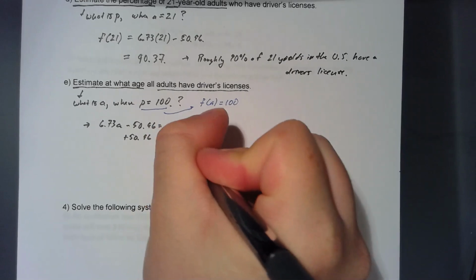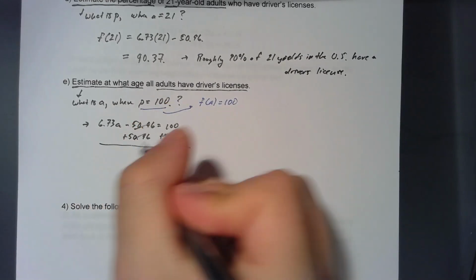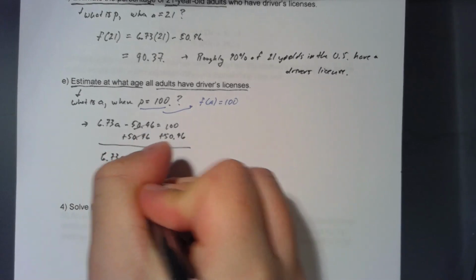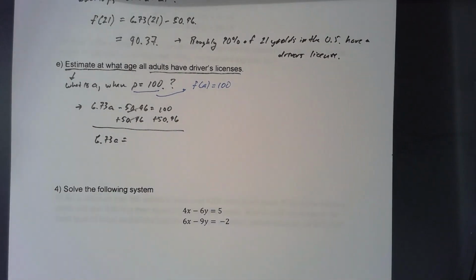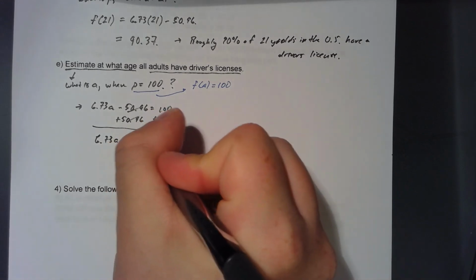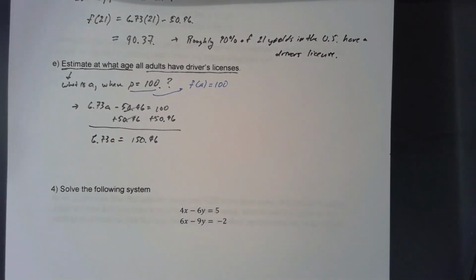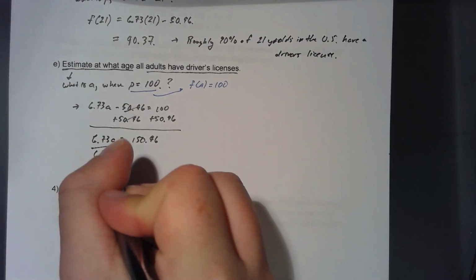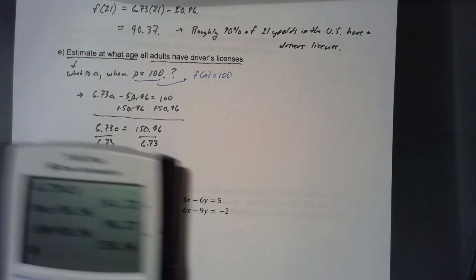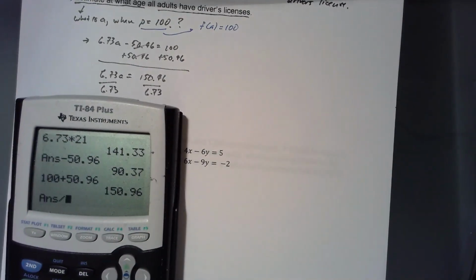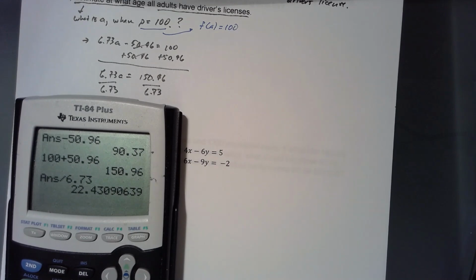Add 50.96 to both sides. 6.73A equals, so 100 plus 50.96 gives me 150.96. All right. Divide both sides by 6.73. So 150.96 divided by 6.73 gives me roughly 22.43.